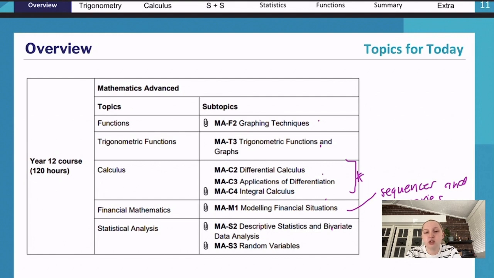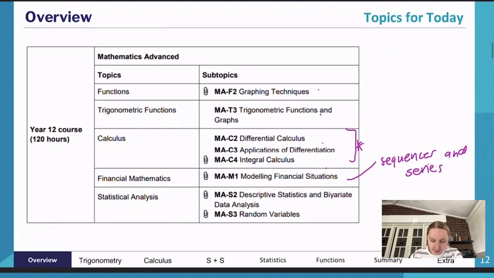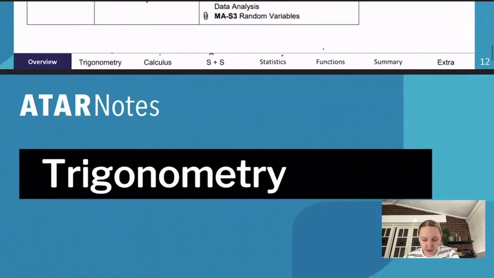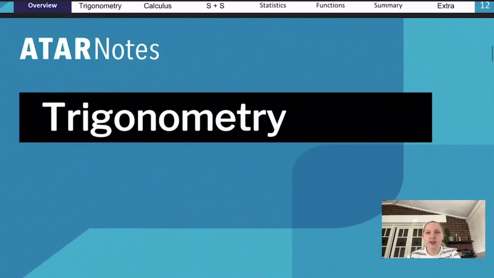So you've got your descriptive statistics and bivariate data analysis, and then you've got random variables. So that's an overview of the topics we're going to be looking at today. You can see them down the bottom as well. We're just going to be covering those topics and questions that you might find in each of them. Okay, so onto the maths now.